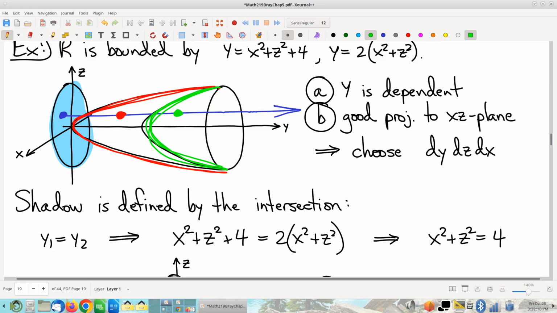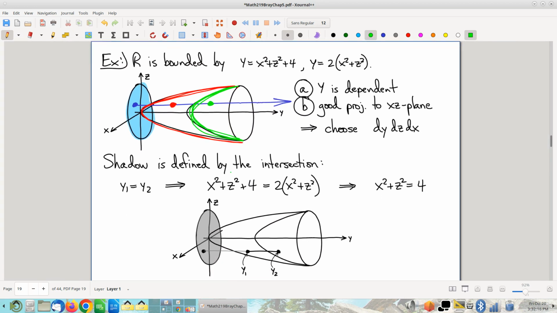Does that make sense to everybody? Again, it's a hard picture. It's hard to visualize. But the algebra works out great.